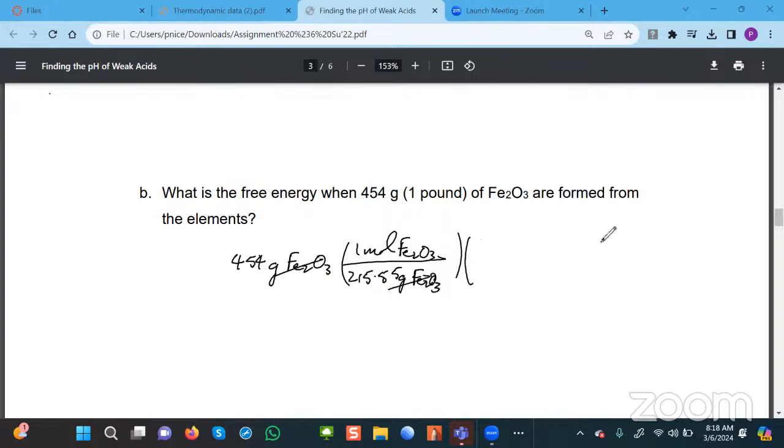And then the next step would be the value that we calculated for the free energy for the formation of 1 mole. Can somebody remind me of what that is from the previous part? You said you multiplied the molar mass of iron by 3? No, the oxygen by 3. No, I multiply, let me do it again. It's 55.85, right? Times 2. Oh, my bad.